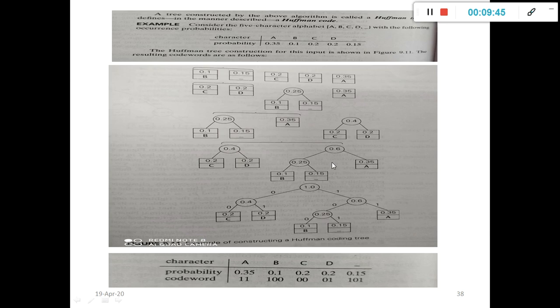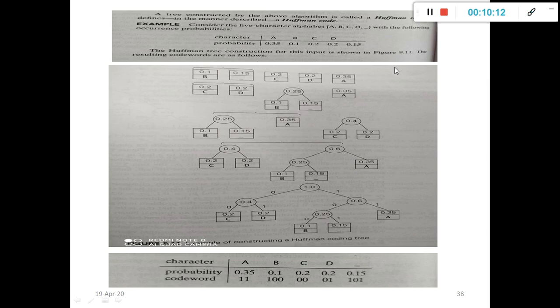The third tree is generated by adding 0.25 and 0.35. That looks like the left subtree is 0.25 with the characters B and underscore, and the right subtree with the character A.